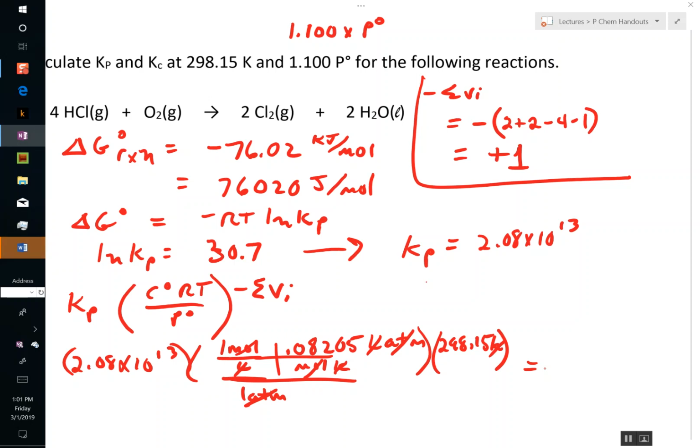If you don't get exactly the answer, it's just a difference between the answer being calculated based on bars versus atmospheres, and a conversion between the two. So don't worry if you're off a little bit.